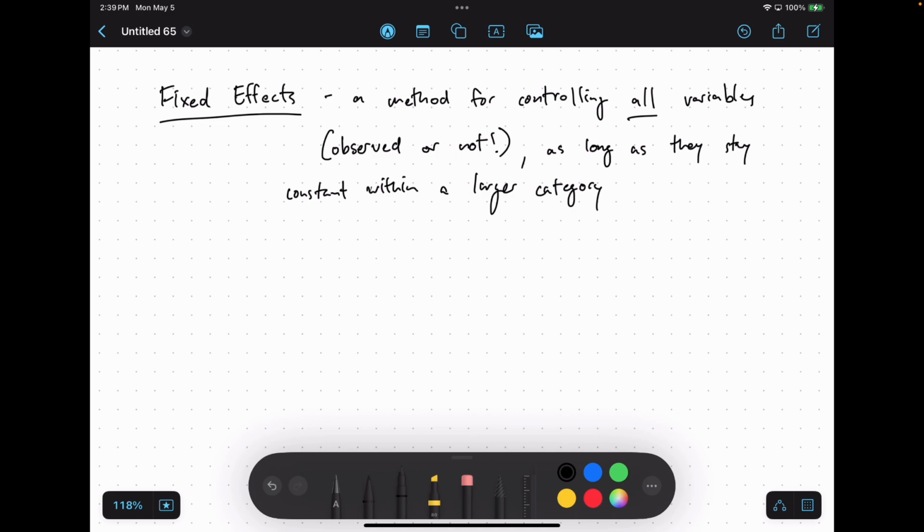Okay. So let's consider an example of weight as it relates to exercise.